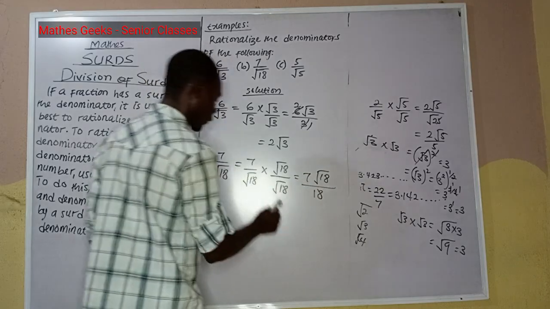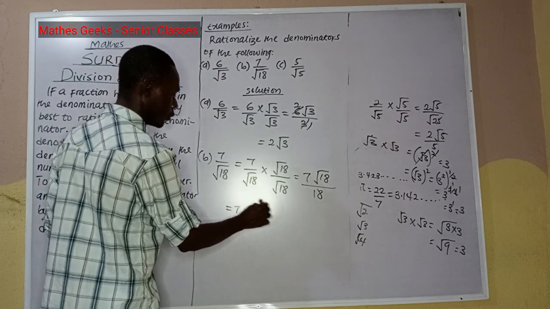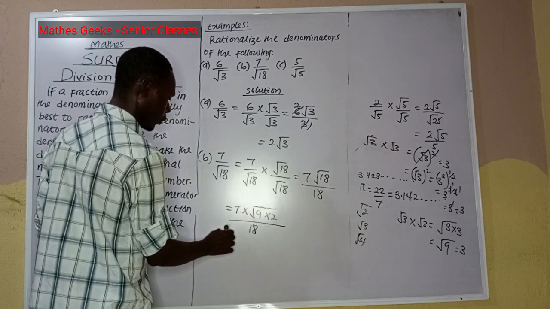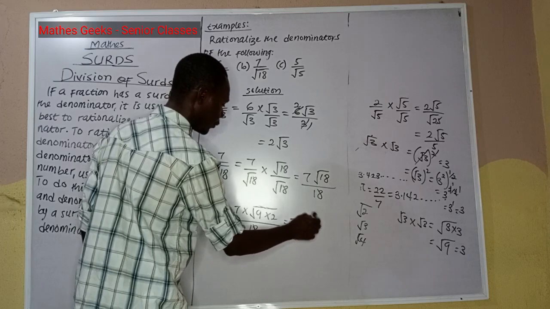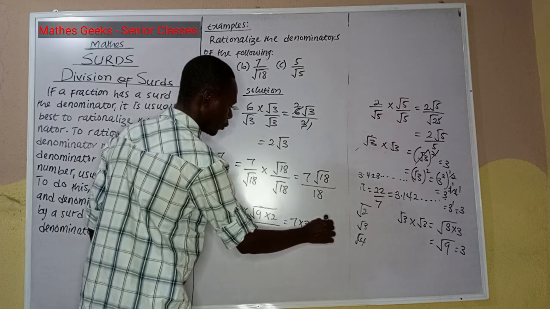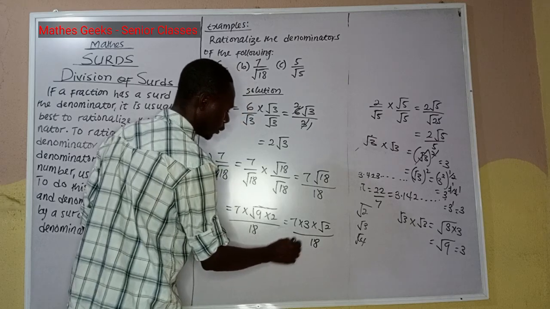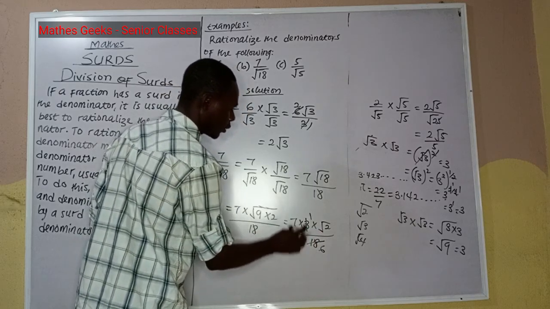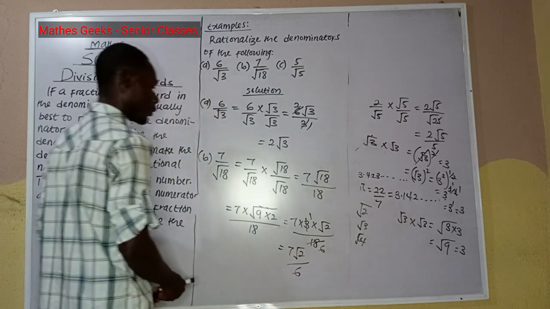This can be simplified further to give us 7 times root 9 times 2 over 18. And this will equal 7 times 3 times root 2 over 18. Then 3 here 1, into 18 is 6. That will give us 7 root 2 over 6.